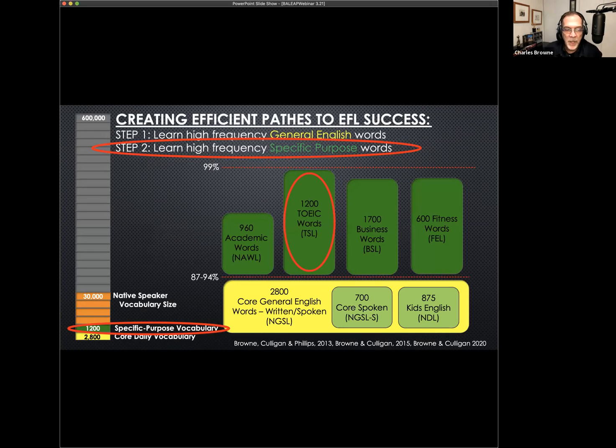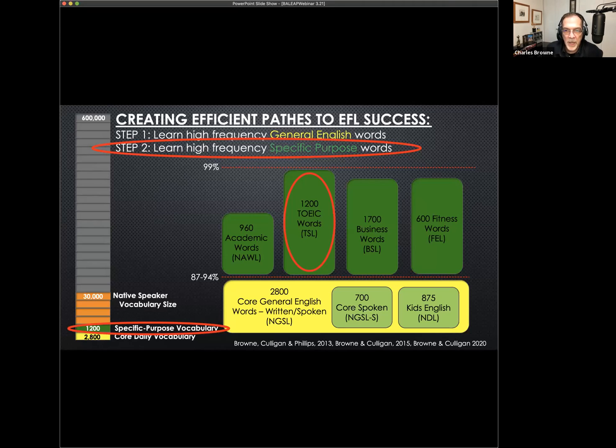But after we published the General Service List and the Academic Word List, we started to work on other things. One of the high stakes exams in Japan is the TOEIC test. And though none of us are fans of the TOEIC test, we did realize that many of our students were dealing with this problem.